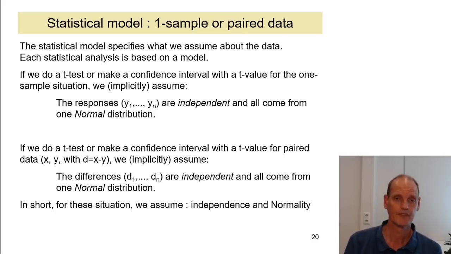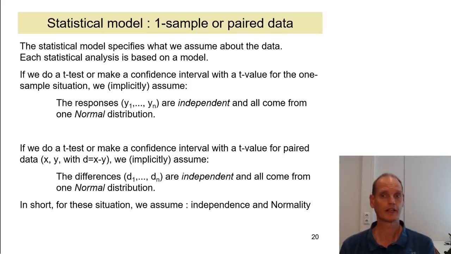Likewise, if we do a t-test or make a confidence interval with a t-value for paired data, we implicitly assume that the differences d1 up to dn are independent and all come from one normal distribution. In short, for these situations, we assume independence and normality.